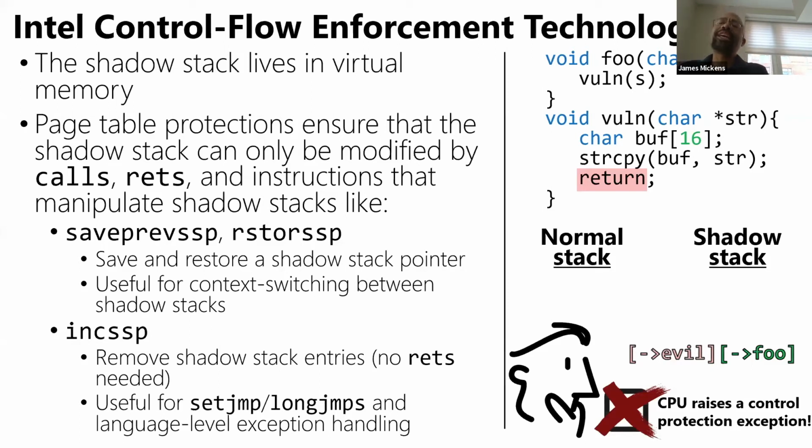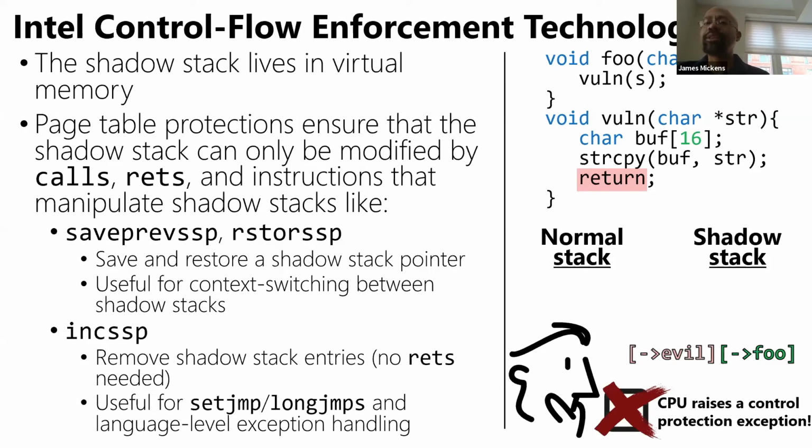Now you might say, that seems very unsafe. Why would I want to do this? Well, as it turns out, there are certain situations when user level code needs to do non-local returns. In other words, returns that don't correspond to the series of return addresses that are on the stack. The most common example of this is language level exception handling. Think of C++ or Python, when you have try catch blocks or things like that.